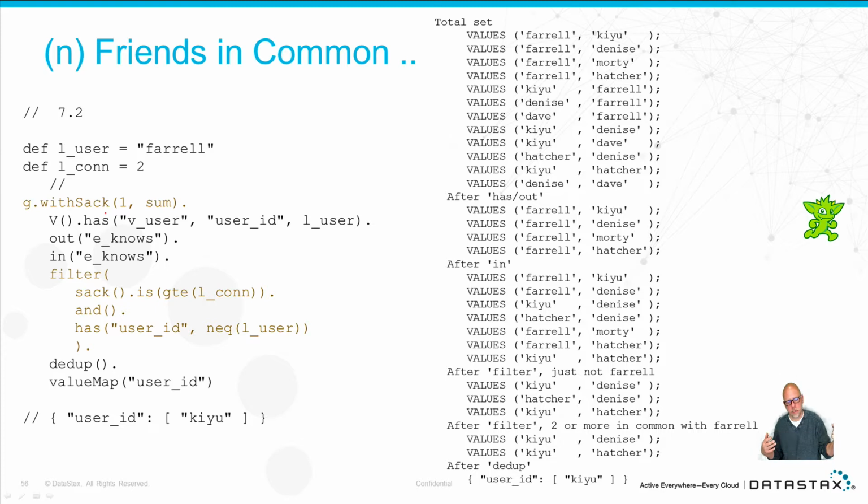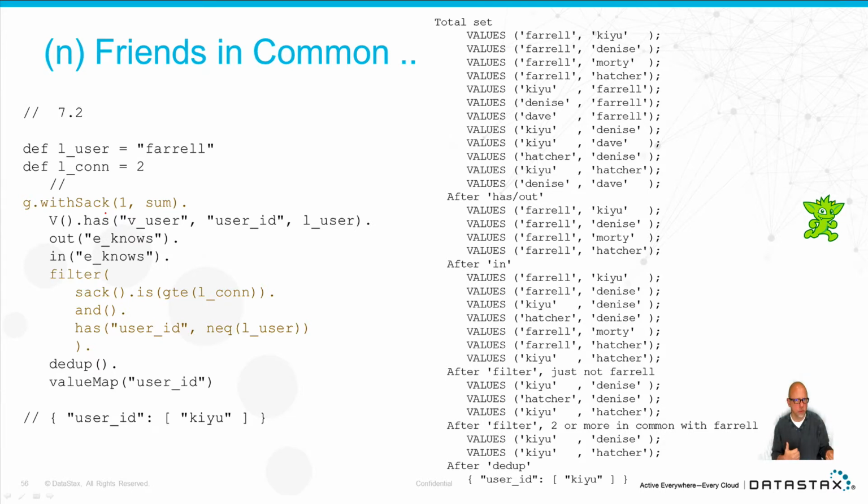Think of a sack like carrying a sack of groceries. They will be the people that only Q knows. As I went from myself to Q, that's only the people he knows. And as I went from Farrell to Denise, to the people she knows, that sack will be private to just Denise. And as I go from Farrell to Hatcher, the sack will be local to the traverser of just Hatcher.